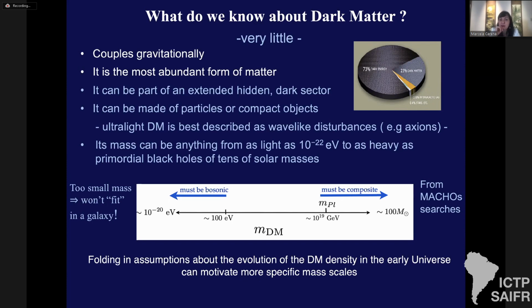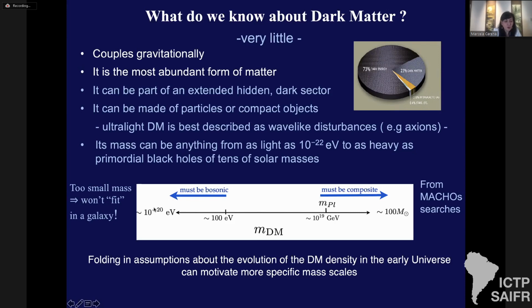And as we heard today from Nicholas, it can behave like axions, and then it is best described by wave-like disturbances. So the point here is that we have very little clue on the mass scales. We have a mass scale going from 10 to the minus 22 to 100 times solar masses.